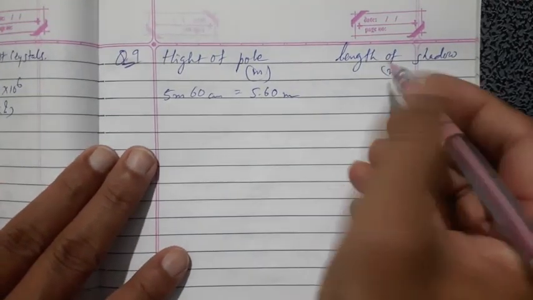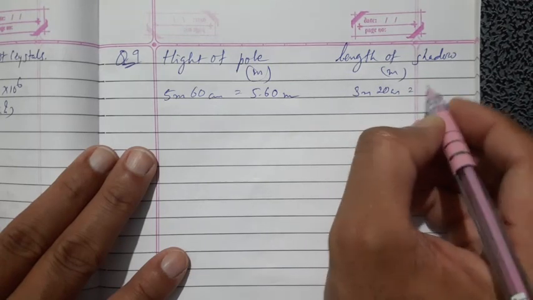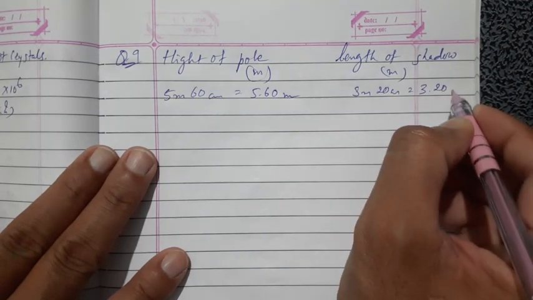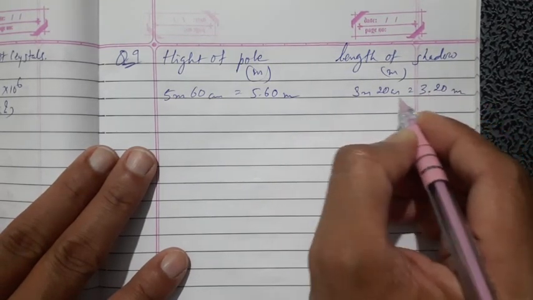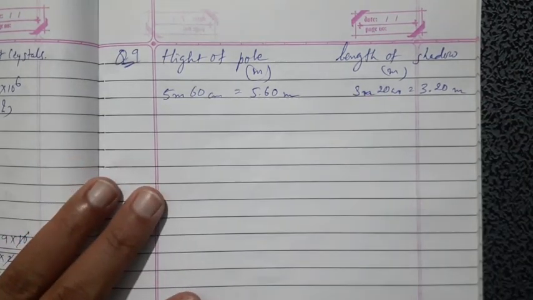The length of the shadow is 3 meter 20 centimeter, meaning 3.20 meter. And you know how to convert meters and centimeters into meters, right?